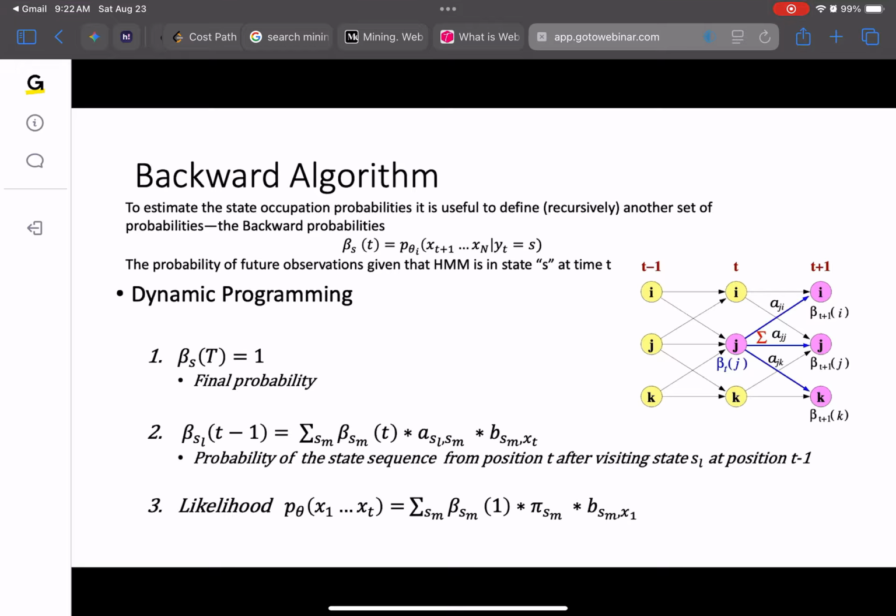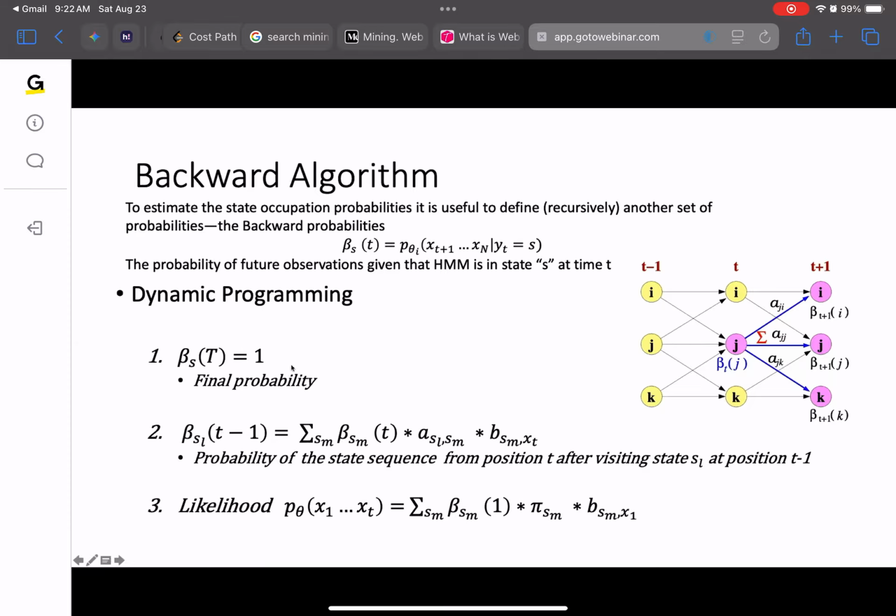So let's define the beta and understand how we can also compute the likelihood using beta. The beta indicates the probability of future observations given that the HMM is in state s at time t. Similar to forward probabilities, we compute backward probabilities starting from the end and moving towards the left.